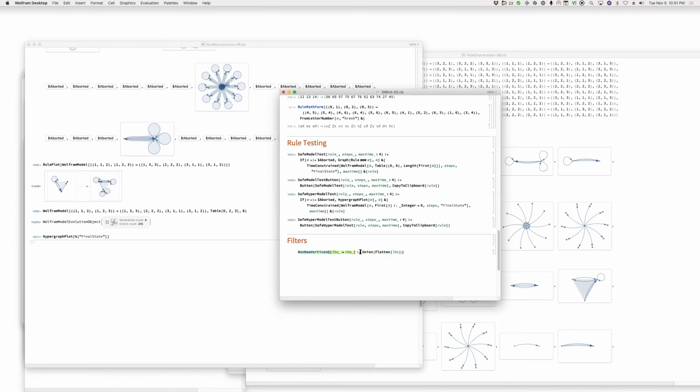Okay, so the question is, is there a complement on the right-hand side? Is there anything on the right that's not on the left?